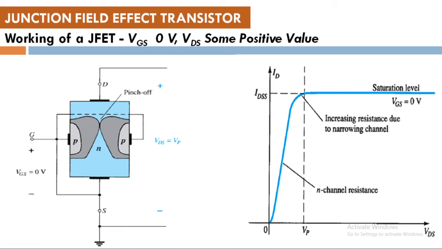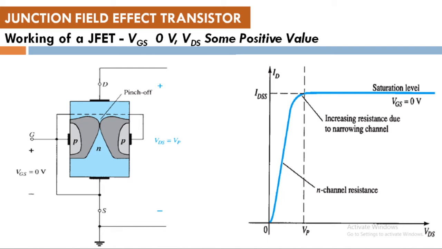Okay, we all know that V is proportional to I. So you can see even if we are changing V, I remains constant. Okay, so V equals IR. Now you can imagine what's happening in the case of the channel resistance.